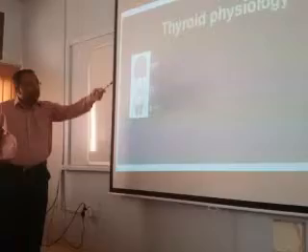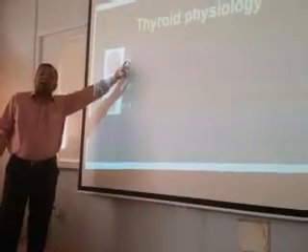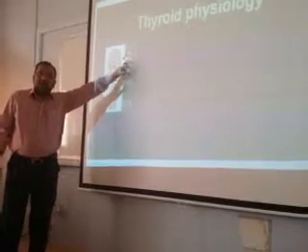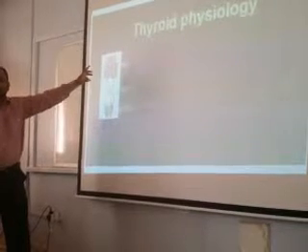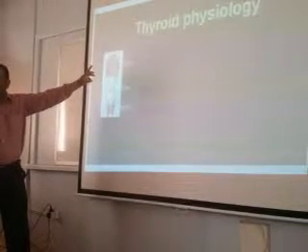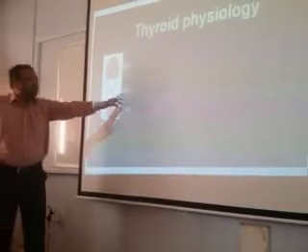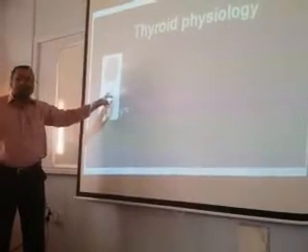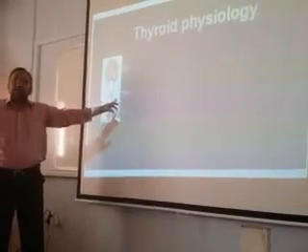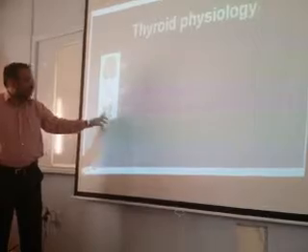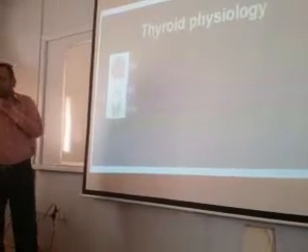The hypothalamus secretes TRH, thyrotropin releasing hormone, also called thyrotropic releasing hormone. TSH is secreted by the anterior pituitary, and it is a stimulating hormone. T3 and T4 are synthesized in the thyroid gland itself.